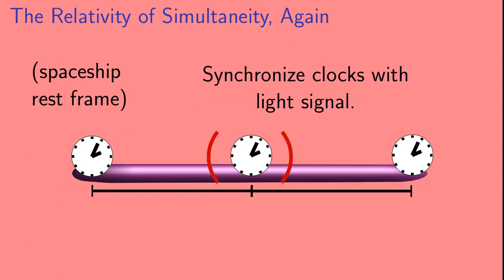These clocks can be synchronized in the rest frame of the spaceship via a light signal sent out from the middle clock. The spaceship crew know the distance from the middle of the spaceship to the end clocks and can use the light signal to set all 3 clocks to the same time t prime.